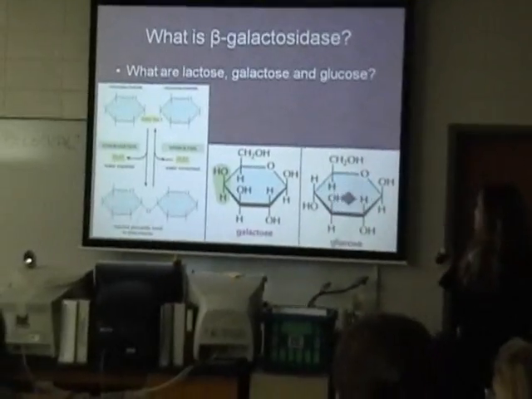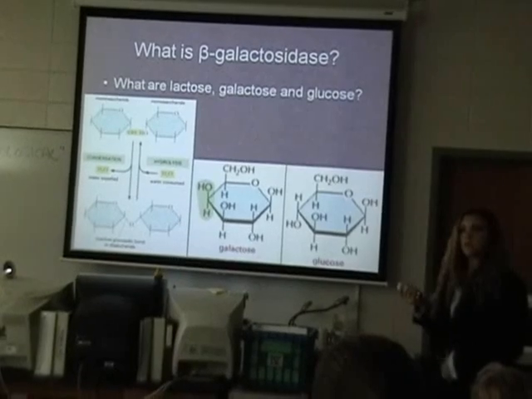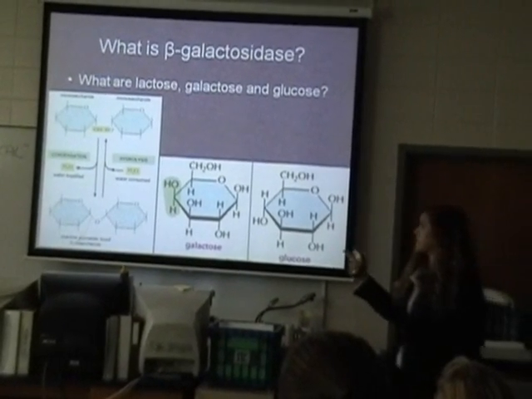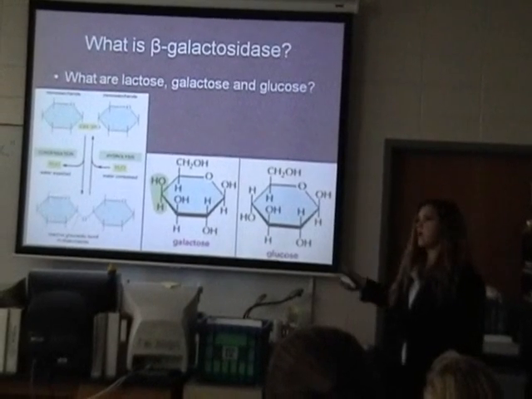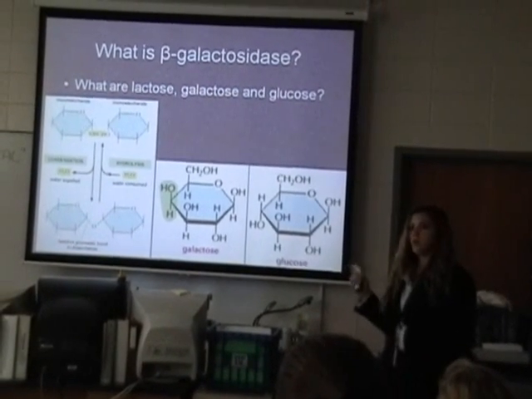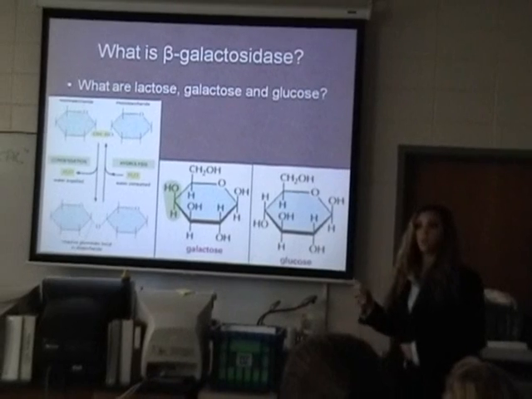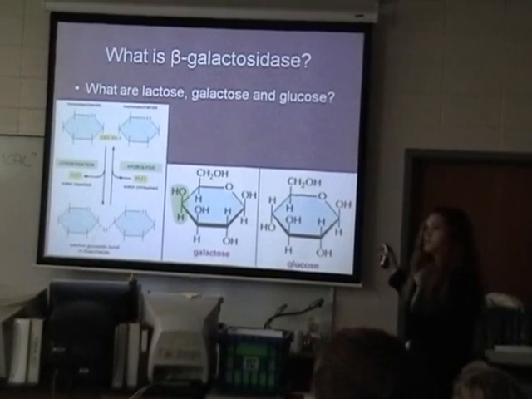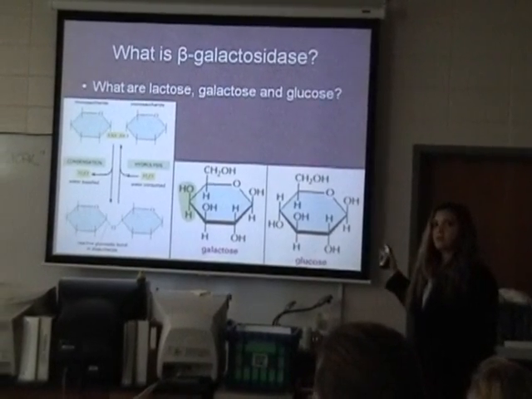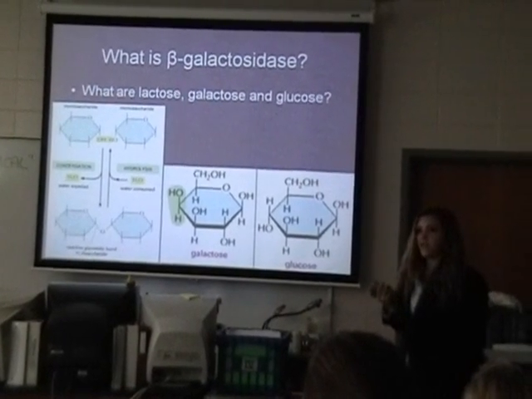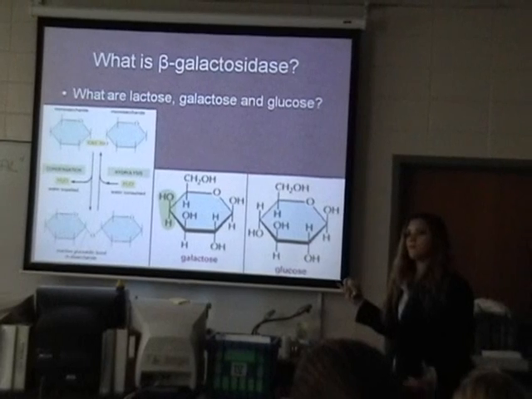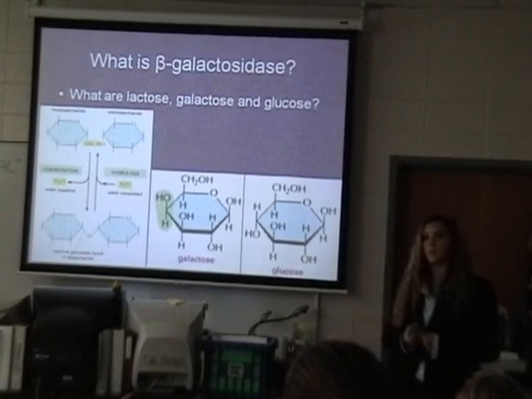Now, what are lactose, galactose, and glucose? Here are the two, galactose and glucose. Each of these is a 6-carbon sugar. This larger picture shows these 2 blue 6-carbon sugars at the top. Each 6-carbon sugar is a monosaccharide, and a monosaccharide is 1 molecule. When one water molecule is taken away from these, the two bond together in a glycosidic bond.